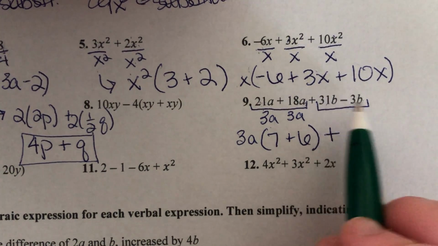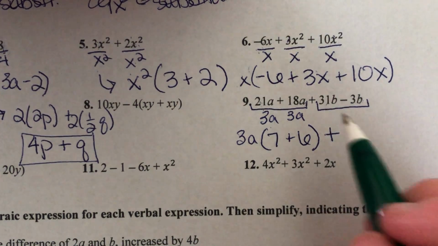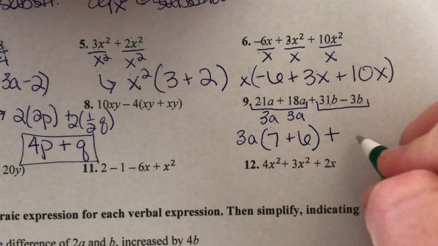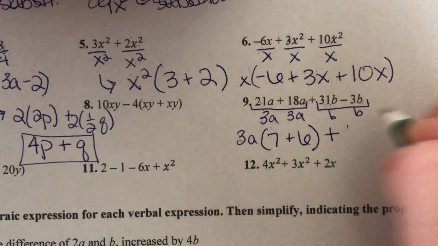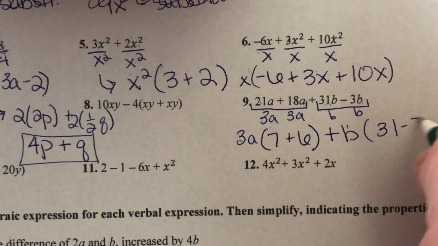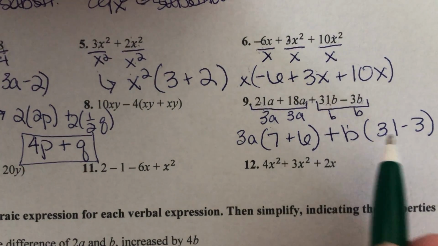Well, I can't divide them by any numbers because 3 and 31 don't have any common factors, but I can divide them both by B. They've both been multiplied by B, so I can divide them both by B. So I'm going to put that B out front, and then 31 minus 3 there. So I factored both of these.